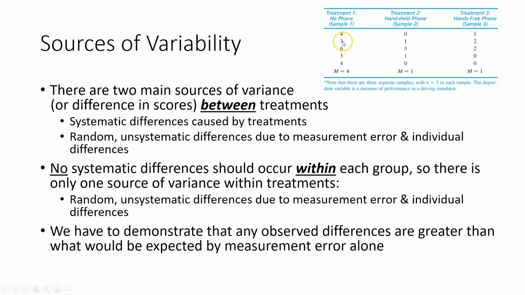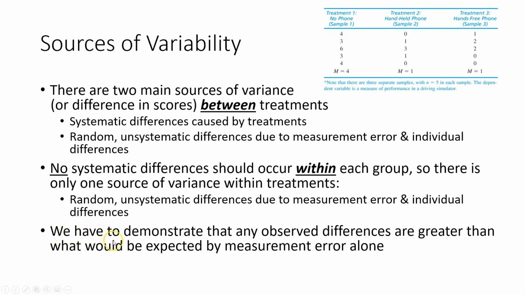Joe is not the same as Bob, and Bob is not the same as Suzette. Anyway, these people are not the same as each other. These differences are not due to any treatment effect, though. They're just due to random, unsystematic differences that are because of measurement error and individual differences.